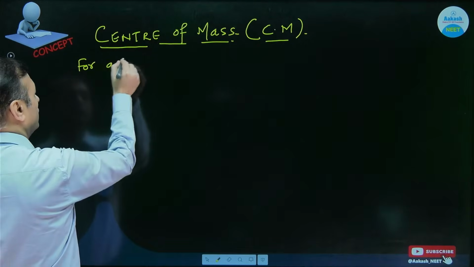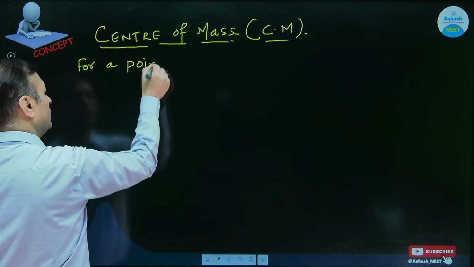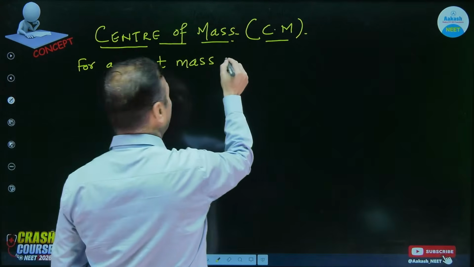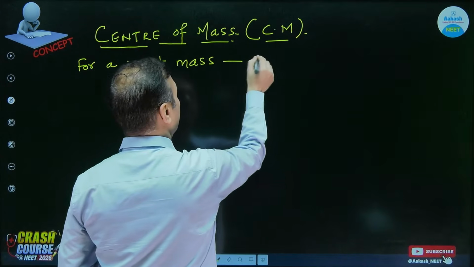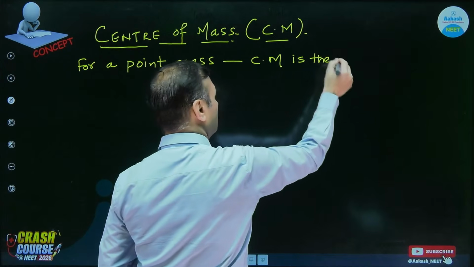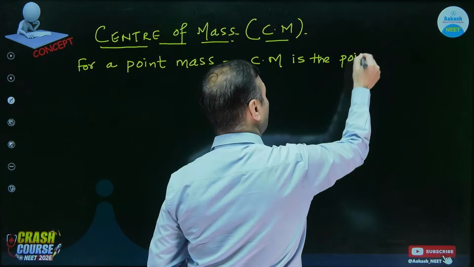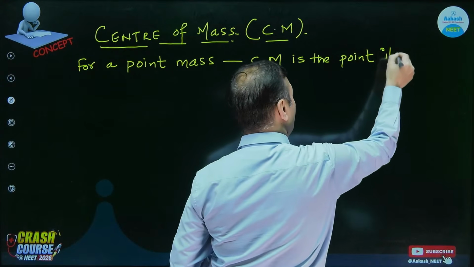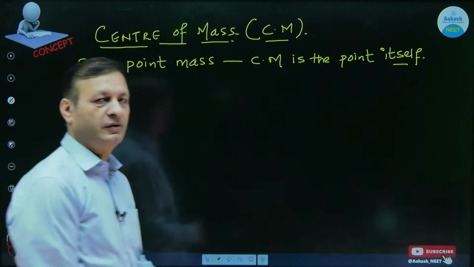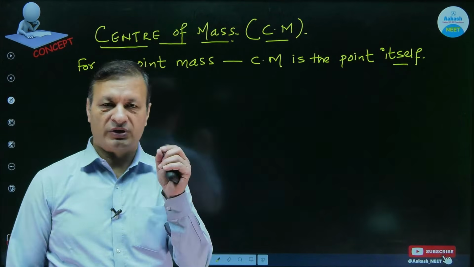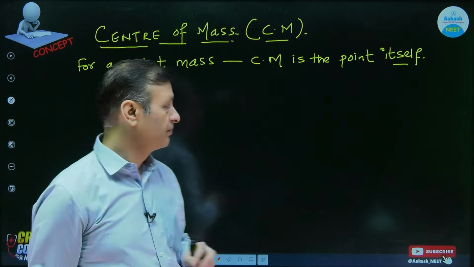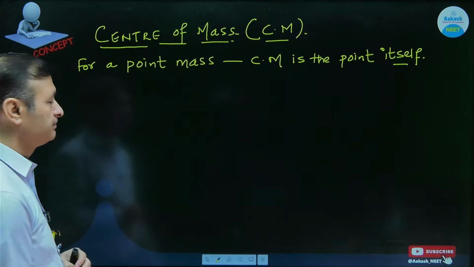So for a point mass object, point mass body, center of mass is the point itself. If you are given a small point mass, then that point is the center of mass.